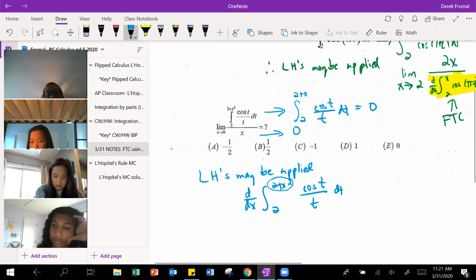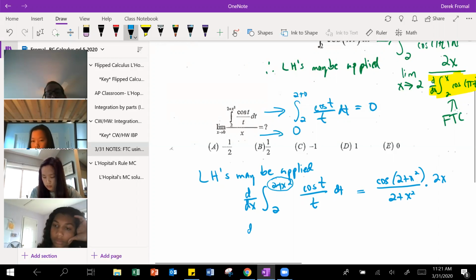So I'm going to wind up with this equaling cosine of 2 plus x squared over 2 plus x squared times the derivative of what's inside, which is 2x. And then on the bottom, the derivative of x is just 1.